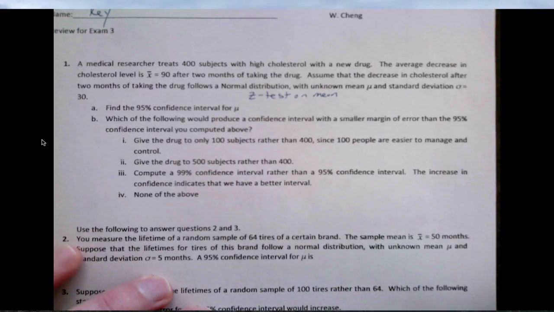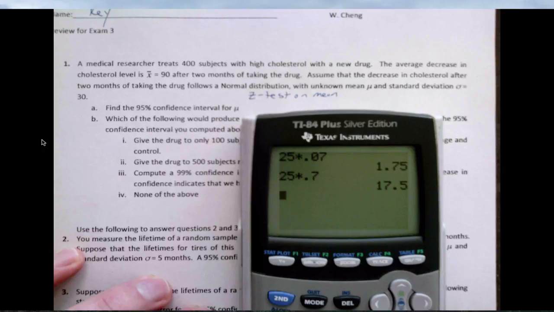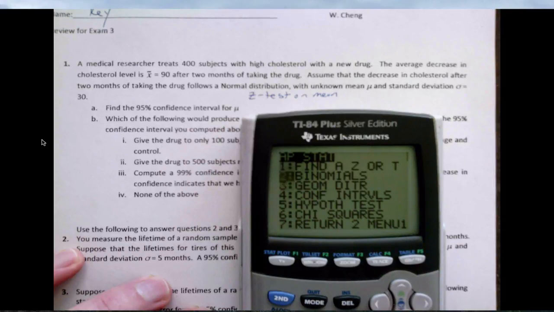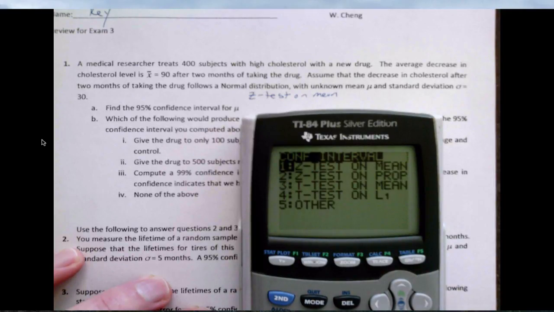Next, run the app. I'm going to go down to confidence interval, and I'm going to do a z-test on mean.